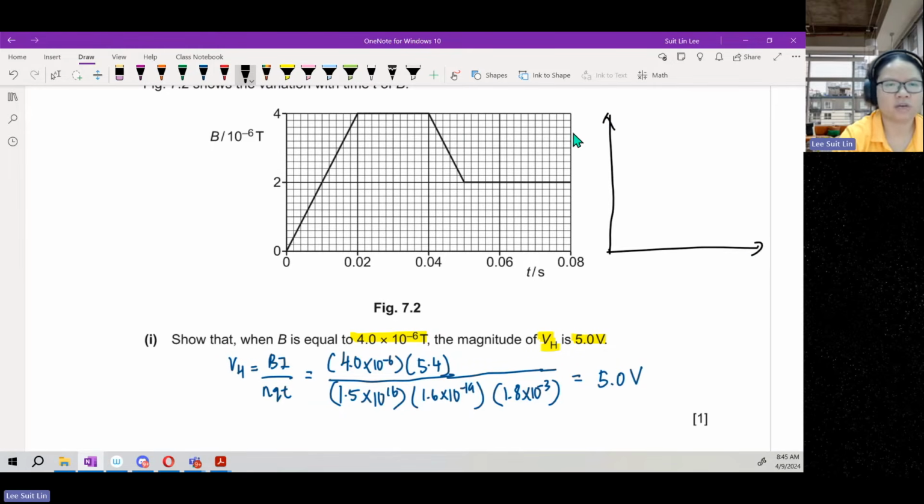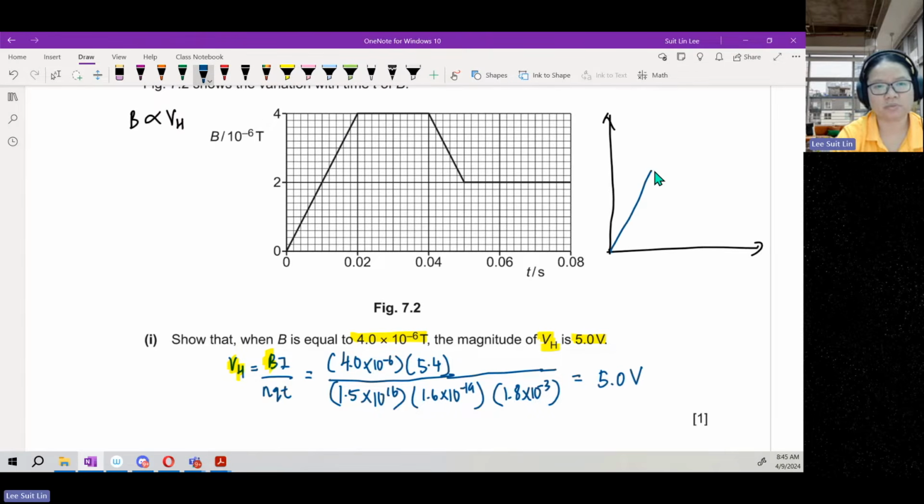So the first thing I know is B is proportional to VH from this equation. The current is constant. The number density is constant because it's the same silicon. Q is constant and T is also constant because it's the same slice. So B is proportional to VH. So I will have the same shape.